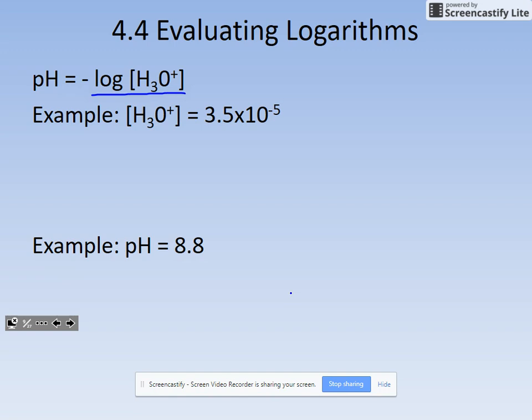In your calculator, here is the concentration of the hydrogen, and we just need to put it right into our formula. So negative log. And in your calculator, you can go 3.5. It's going to be easier if you find that E key for exponent, negative 5.